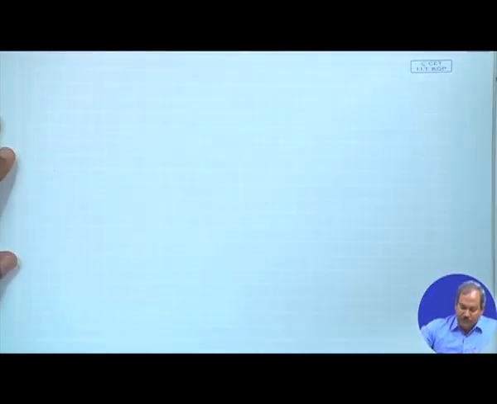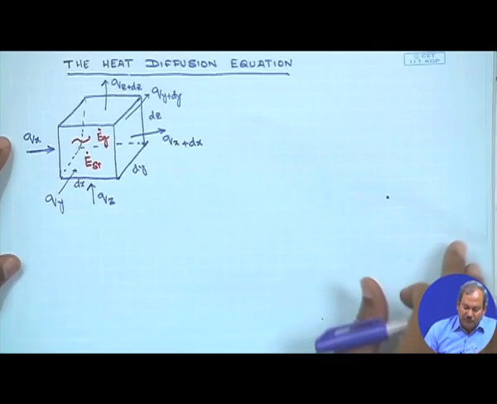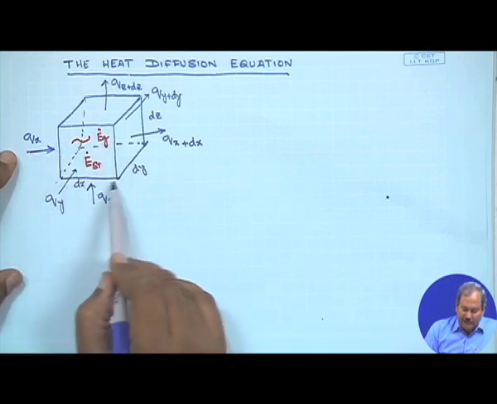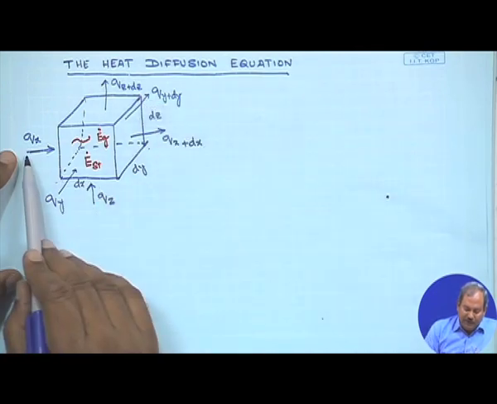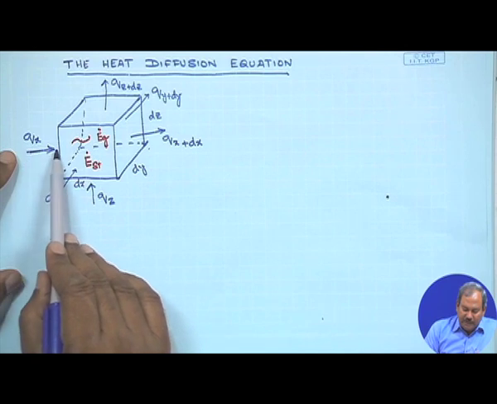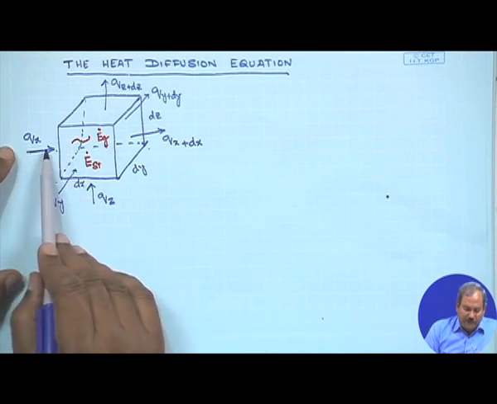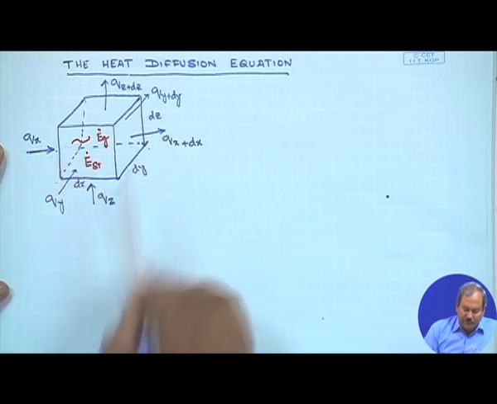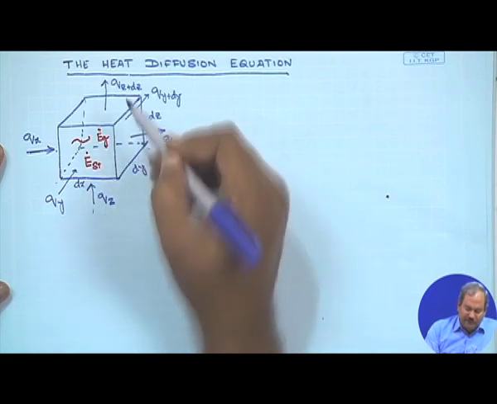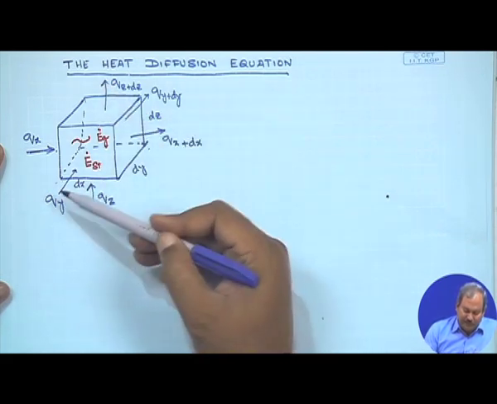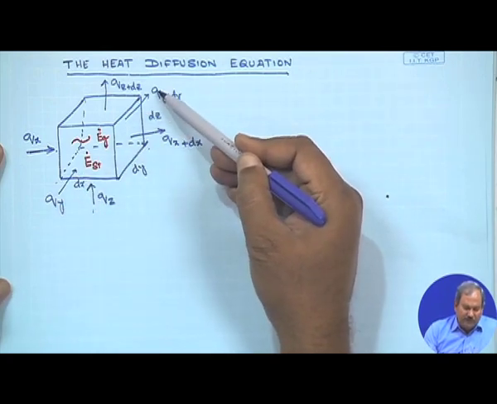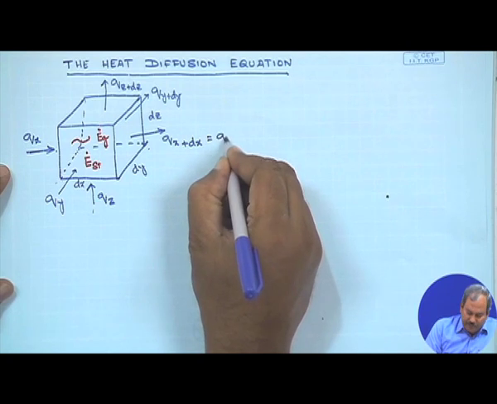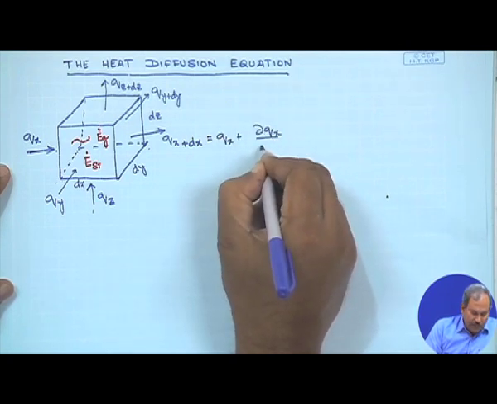The next part that we are going to do is the heat diffusion equation, which I am sure you have done before, but very quickly it tells me that if I have a control volume of size dx, dy and dz, and if we consider only conduction, let us say Qx is the amount of heat coming in, the flux of heat coming through the surface through the x face, and Qx plus dx is going out, Qz is coming in through the z face, Qz plus dz is going out of the z face, Qy is coming in and Qy plus dy is going out, and Qx plus dx can simply be expressed in the Taylor series expansion the same way we have done before.